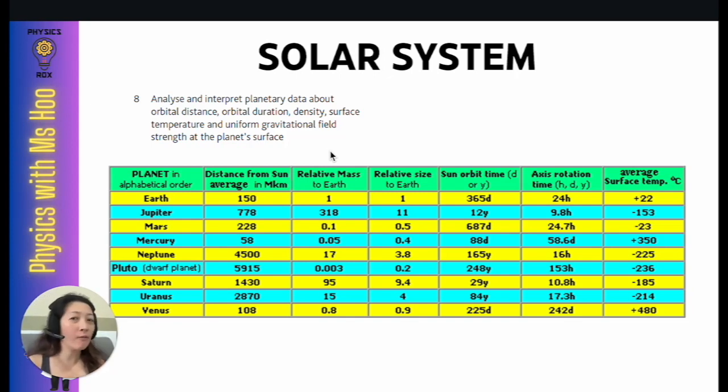So it depends on what the question is asking. For example, they could ask you to relate the distance of the planet from the sun with the orbit time of the planet around the sun. So you don't have to memorize it, just look at the data, look at the relationship, come up with a correlation, and then provide the answer to the question that they've asked. So this is actually testing your analysis skills. So let's move on.